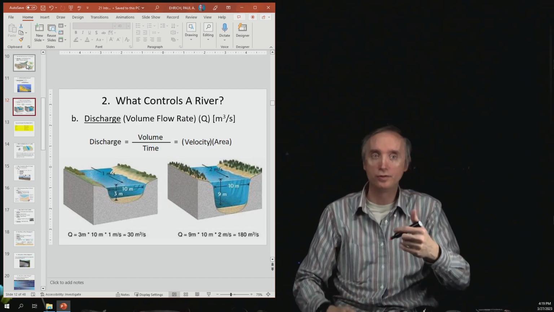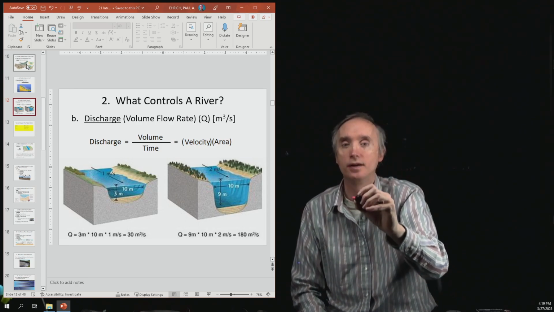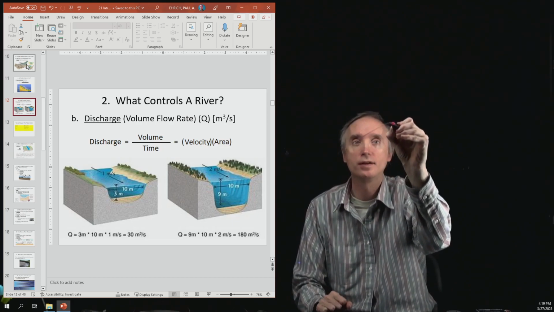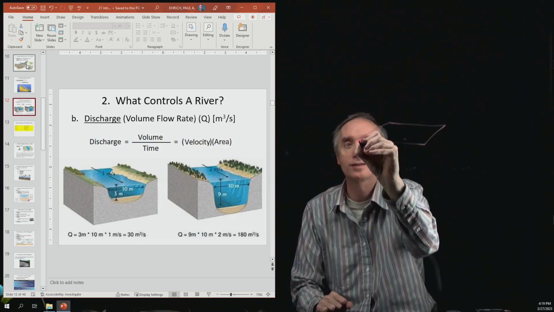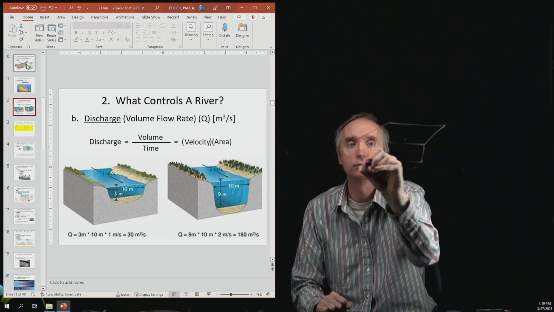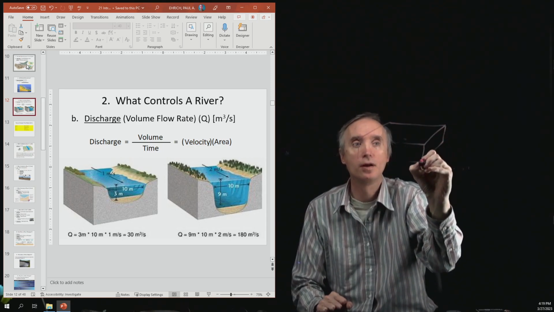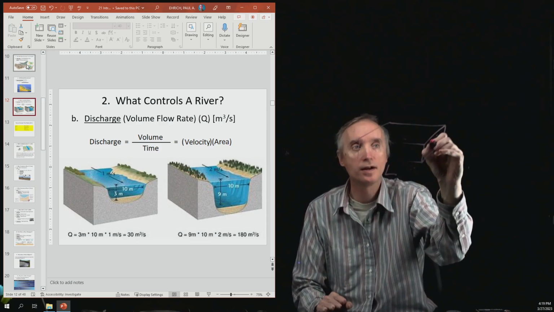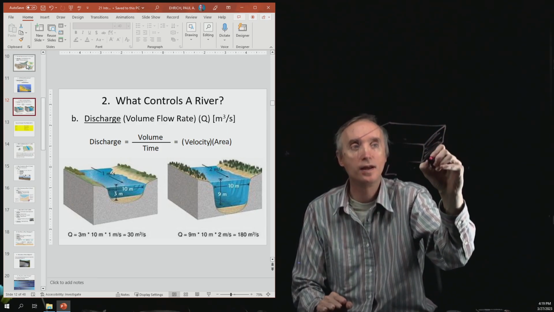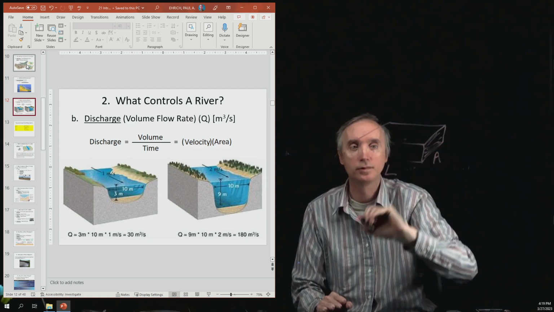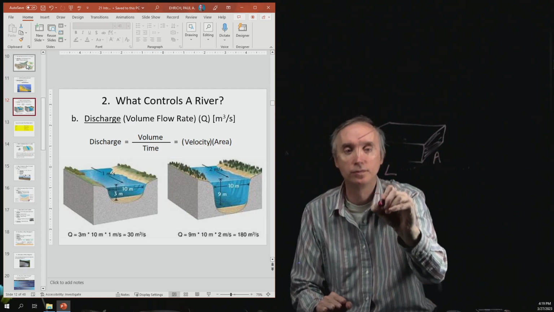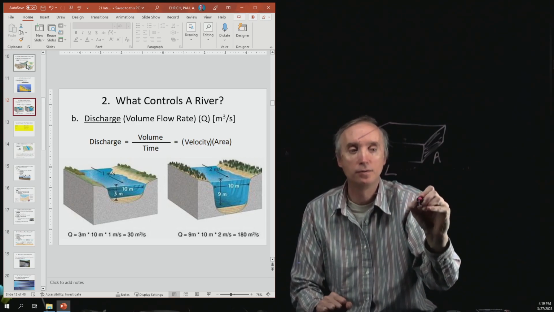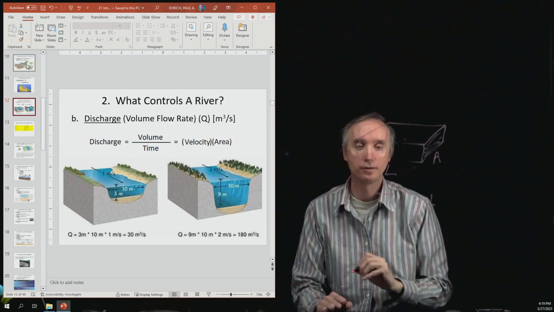Another way is to consider that the volume of water that's flowing could be represented kind of like a rectangular block. Here's a rectangular block that has a length L, and this side over here has an area A. So the volume is equal to the area multiplied by the length of the block.